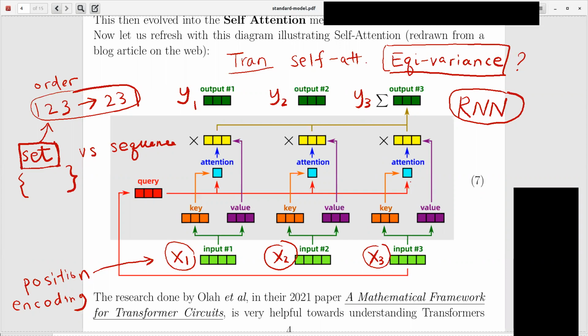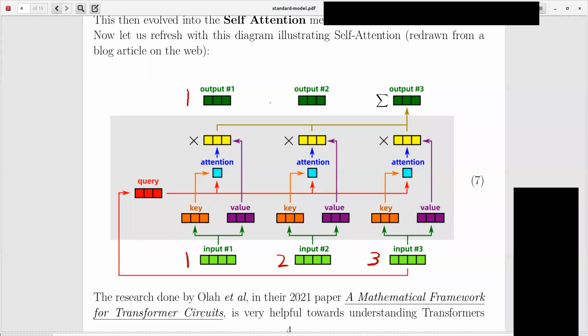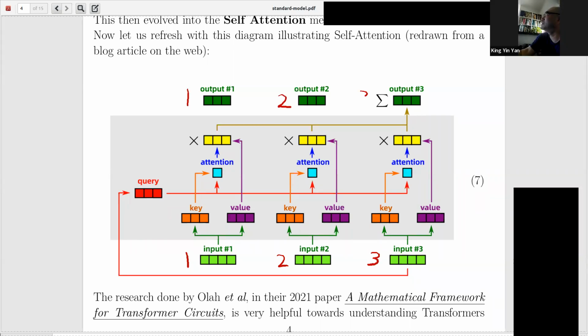For example, if my input is 1, 2, 3, then the output is not the same numbers, but it's y1, y2, y3. The numbers are different, but the order is the same.